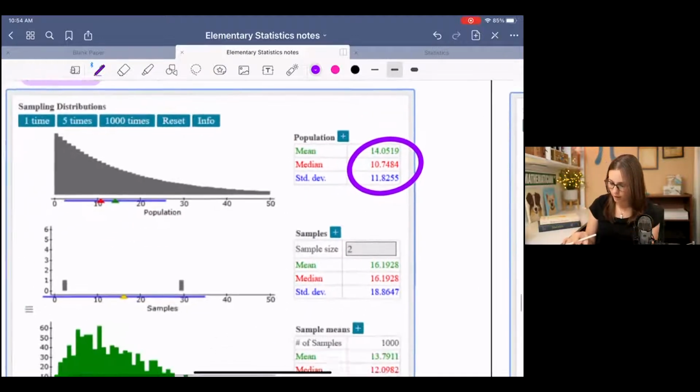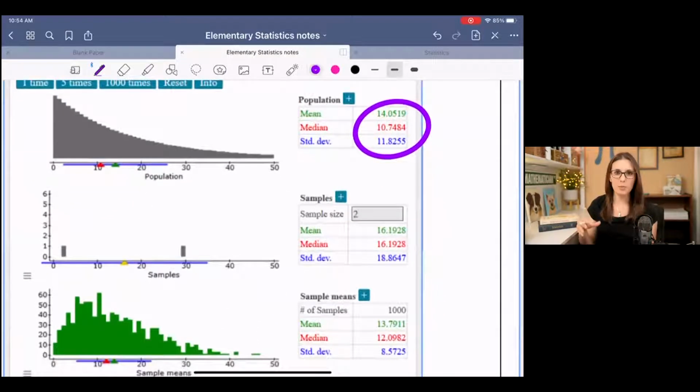Then what I've done is take samples of size 2 from my original distribution. It draws two different values, and you end up with all these different samples of size 2 from the original population. I drew 1,000 of those.